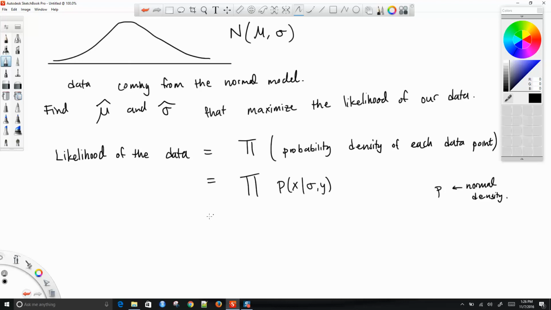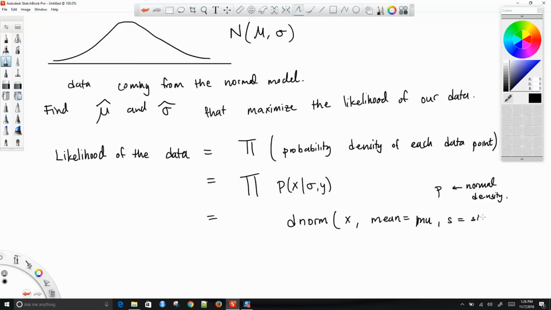What is the function that we use to find the normal density in R? Not p-norm. P-norm is the cumulative distribution function. It's d-norm, right? d-norm x, and then you have mean equal to mu and standard deviation s equal to sigma.